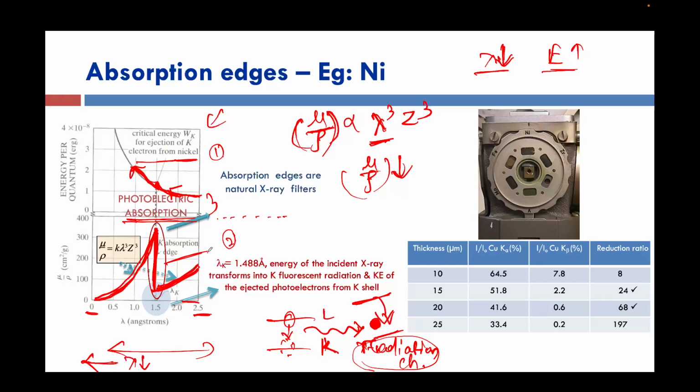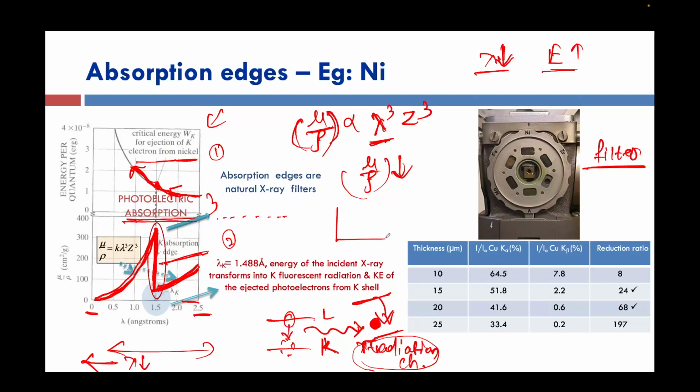Okay, and this absorption edge is extremely important to us, because using the concept of the absorption edge, we always use a term called filter in X-ray radiation. How do we use a filter in X-ray radiation?